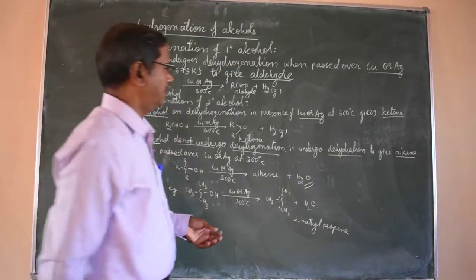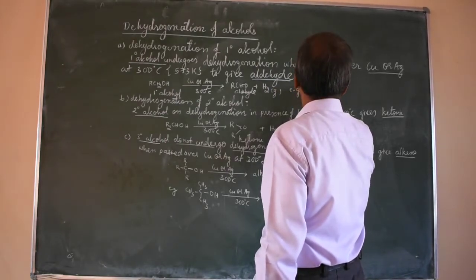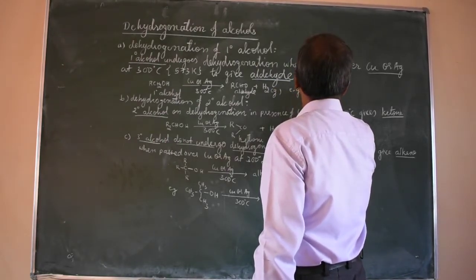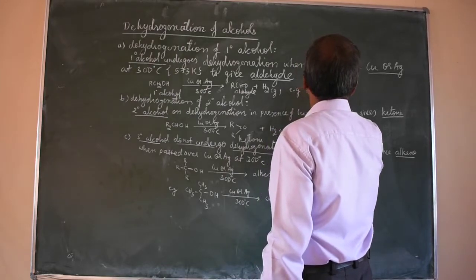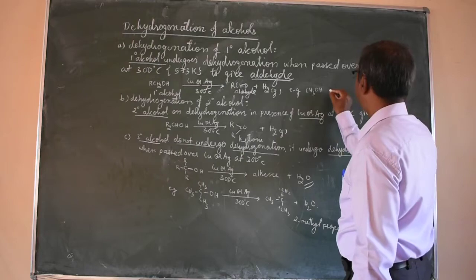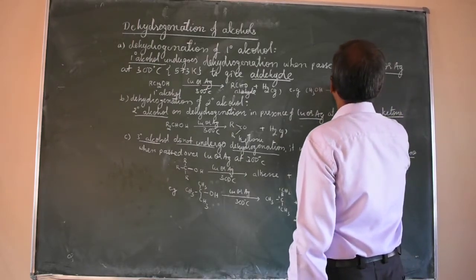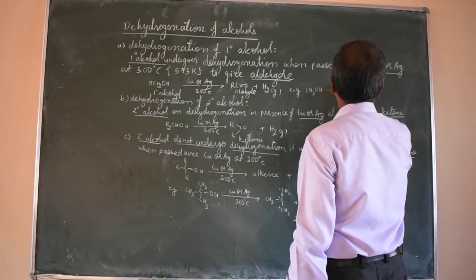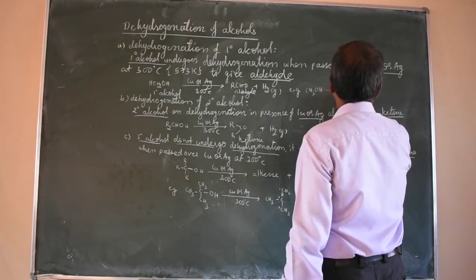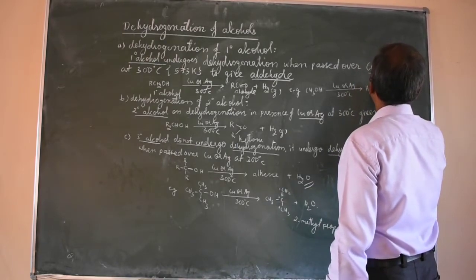You can write any example for this 1 degree and 2 degree alcohol. So I am writing the example here. Example is CH3OH. Dehydrogenation is removing the hydrogen gas. So when passed over copper or silver at 300 degrees Celsius, the product is HCHO.